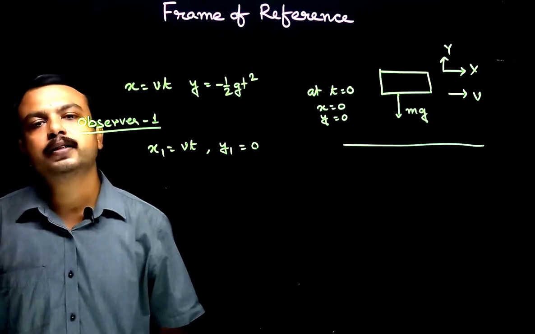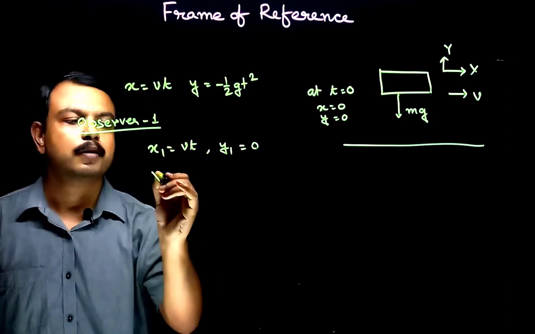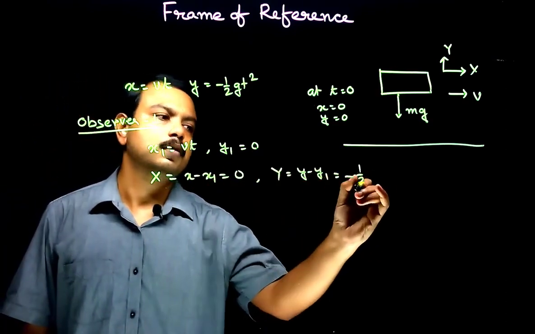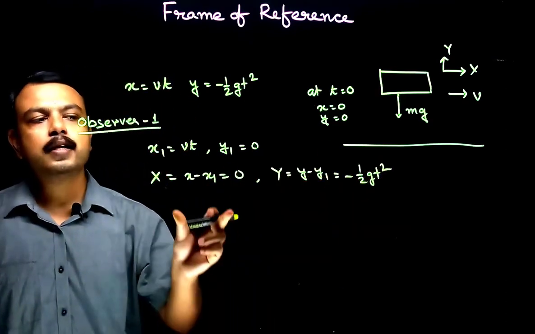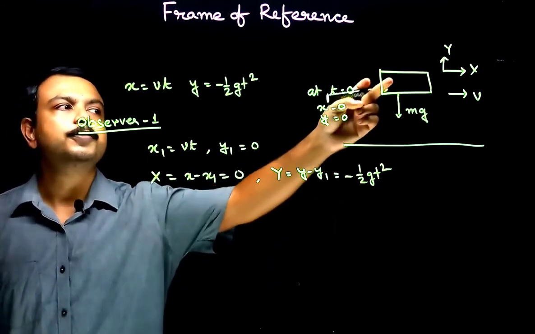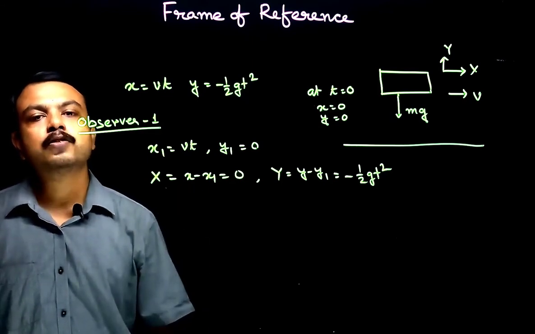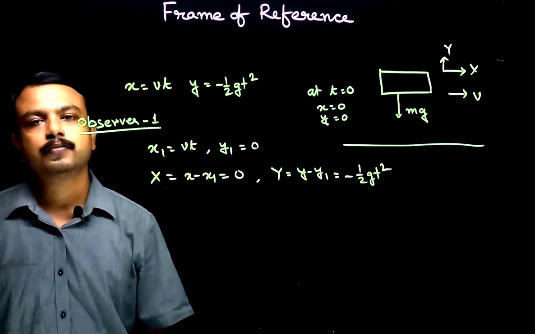So the apparent trajectory of water from the viewpoint of this observer 1 is going to be, as there is no vertical component of motion, the observer sitting in the helicopter will find that the water is only moving downwards. So the trajectory of water is going to become a linear trajectory.